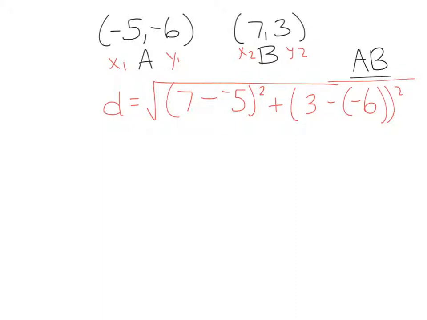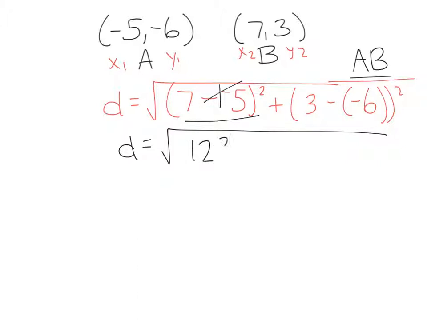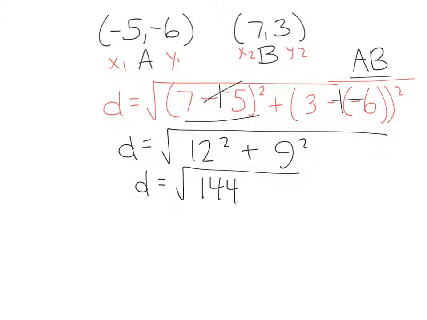And now I need to simplify it. So distance equals the square root of 7 plus 5, so this is 12 squared, plus 3 plus 6, which is 9 squared. So distance equals the square root of 144 plus 81.